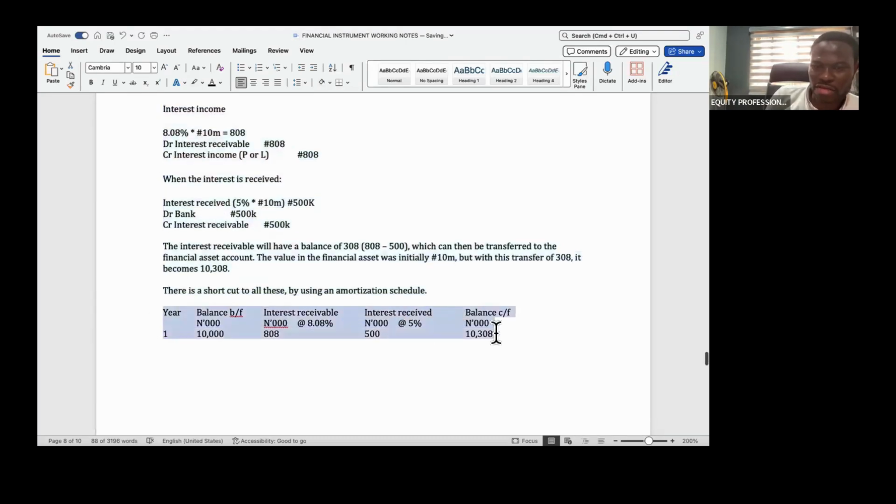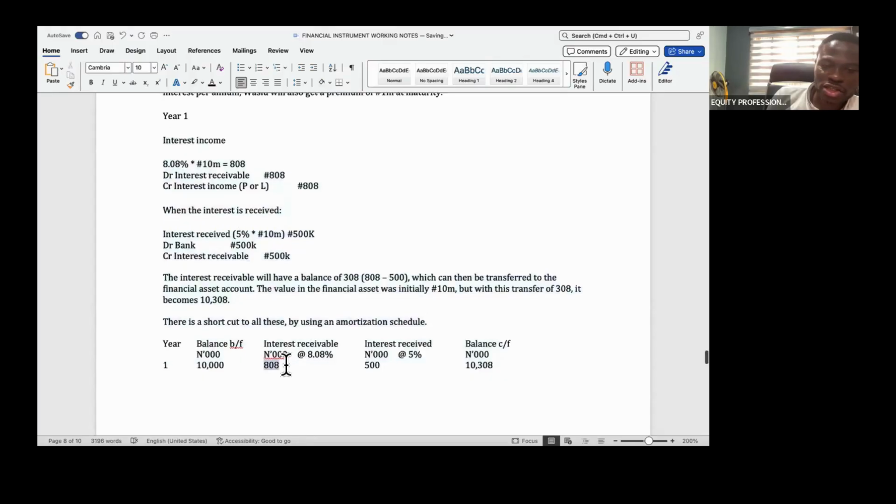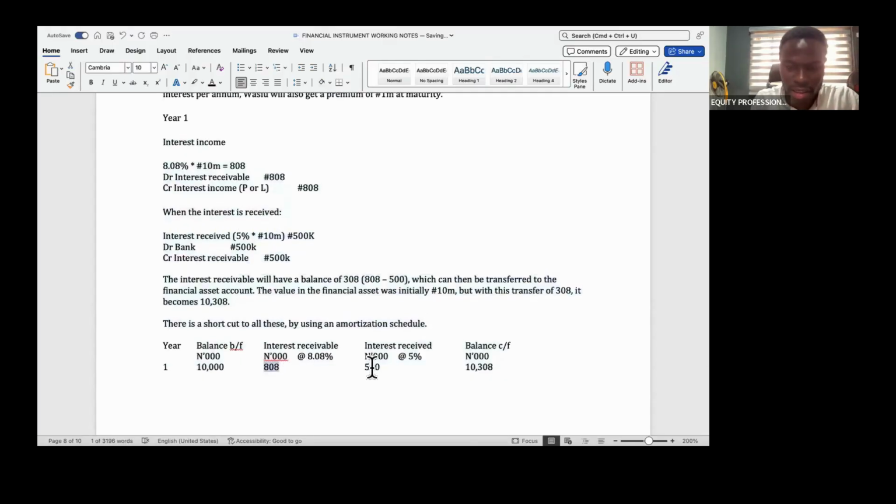If you just cram this table and you don't know this, then you're deceiving yourself. You need to understand that this is the flow. And at that point, you're able to understand that it is this 808 that goes to P&L, while this one is just netting off the interest receivable, because that's what you actually received. And the balance will be transferred to financial asset account that makes it this.